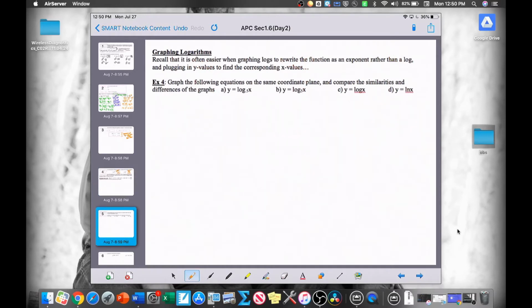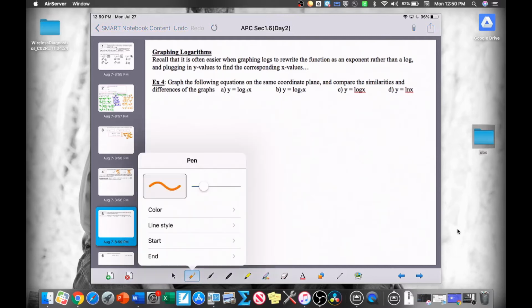All right, let's do a little bit of graphing. It says that when we are graphing logarithms, recall that it's often easier to rewrite the function as an exponent rather than a log and plugging y values in to find the corresponding x values. Okay, so before I begin, I'm going to draw a coordinate plane, and I'm going to be graphing all of these on the same coordinate plane.